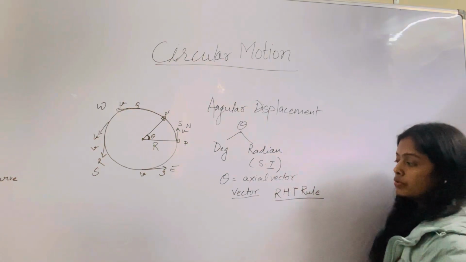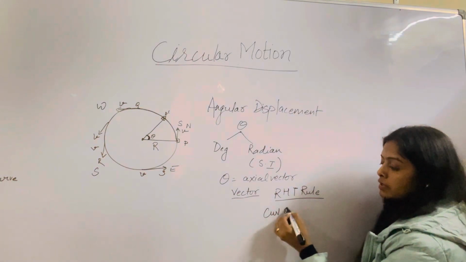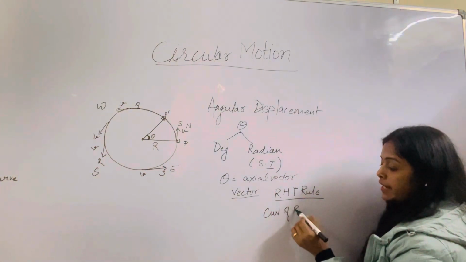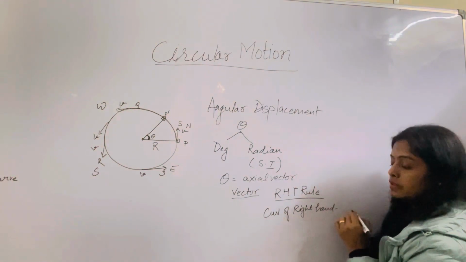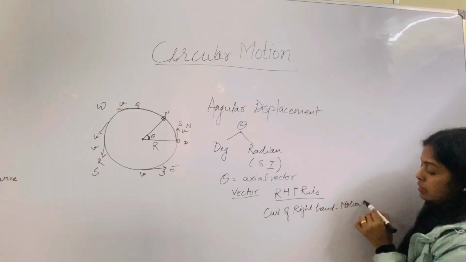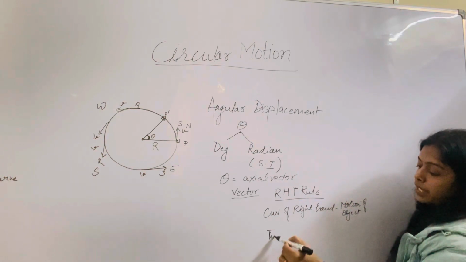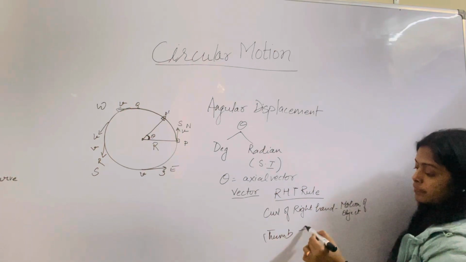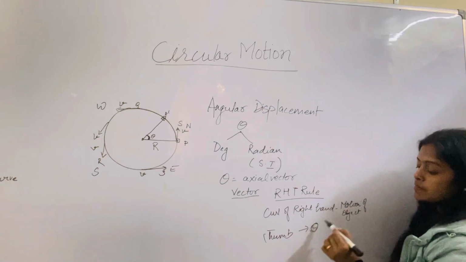According to this rule, what happens? The curl of the fingers of the right hand gives the motion of the object, while the thumb gives the direction of angular displacement.